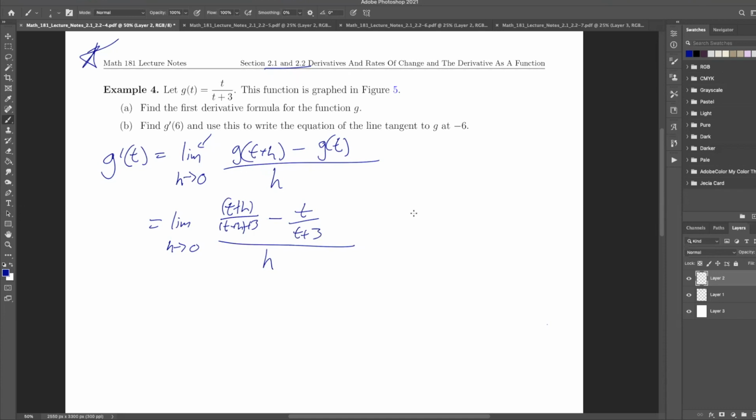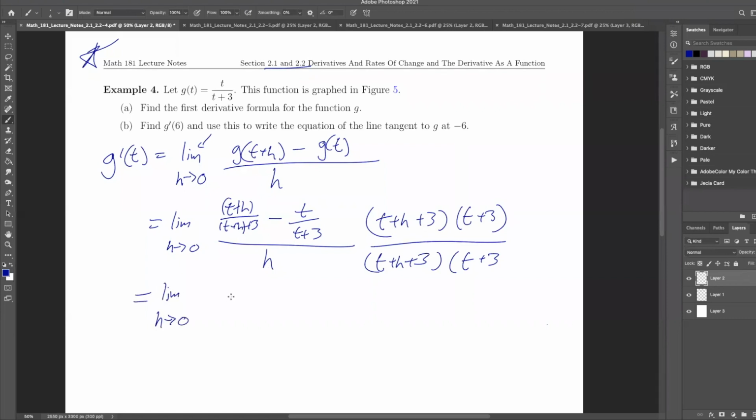All right, for this, the best thing I would do is clear out the fractions. To clear out the fractions, we're going to multiply the top by t plus h plus 3 times t plus 3. We have to multiply on the bottom as well, because this is multiplying by 1, which I'm allowed to do. So when I do that, I get the limit as h goes to 0.